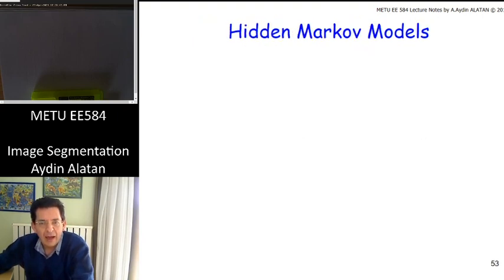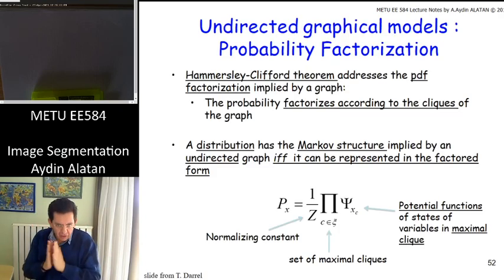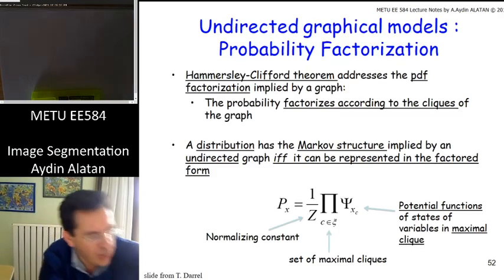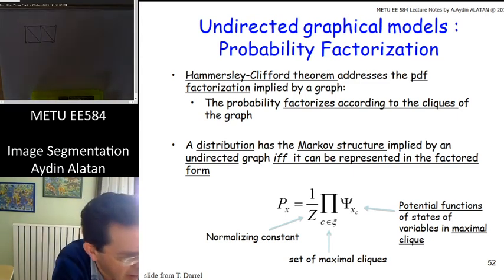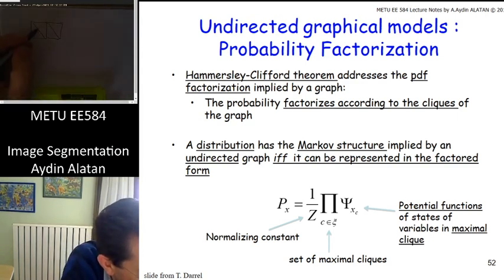Okay. Now, until now, we talked about factorization. Okay. Therefore, in this way, if you have such a thing, these are our pixels. There are maximum cliques like this one. This is one clique. Okay. This is another clique. This is another clique. Okay. And this is another clique.